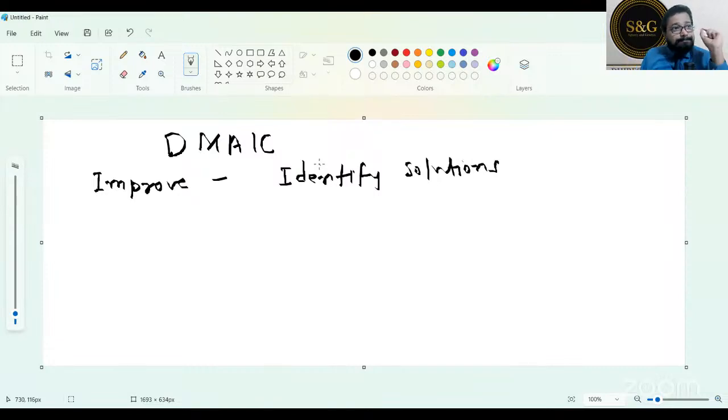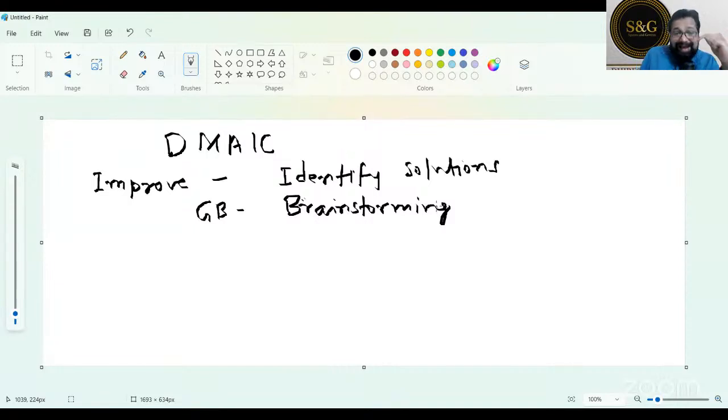Understand this: in the identification of solutions at the green belt level, we have brainstorming, as Rohit ji has already mentioned. There is a problem, we have identified the root cause, and now you are generating ideas randomly. There is structured brainstorming, random brainstorming, and various other brainstorming techniques.